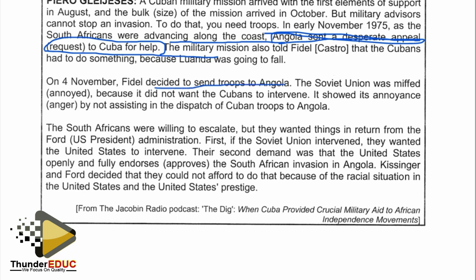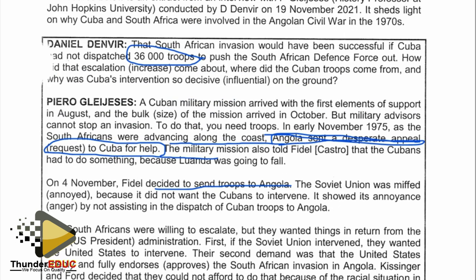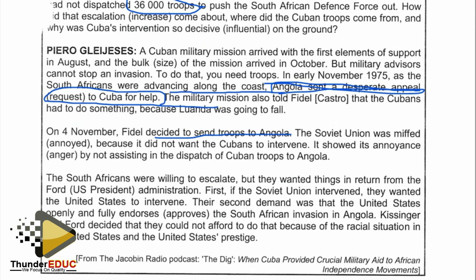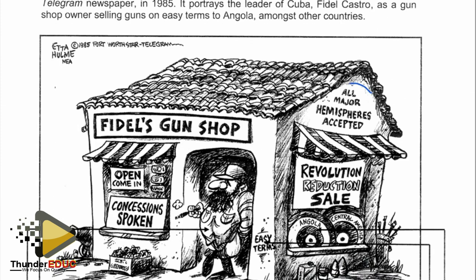On 4 November, Fidel decided to send troops to Angola. This can be supported by this fact here, that all major hemispheres accepted.